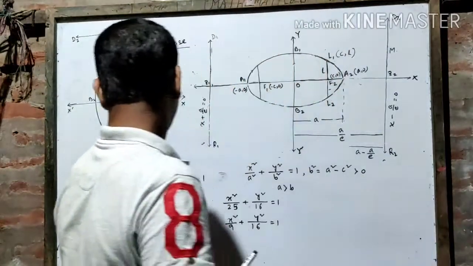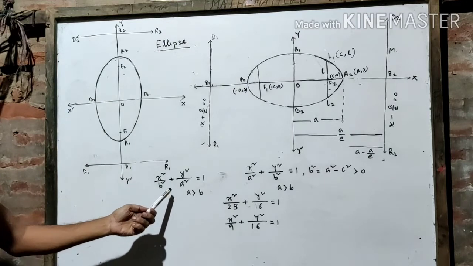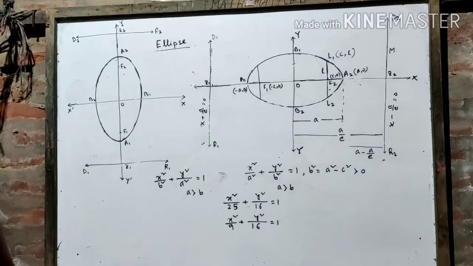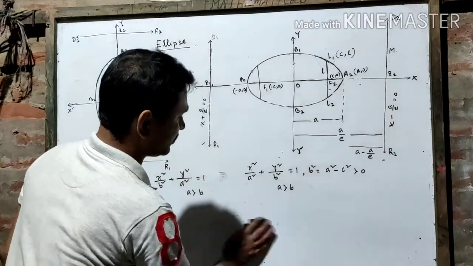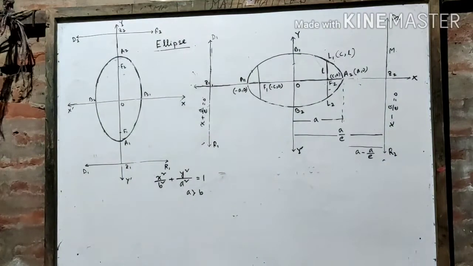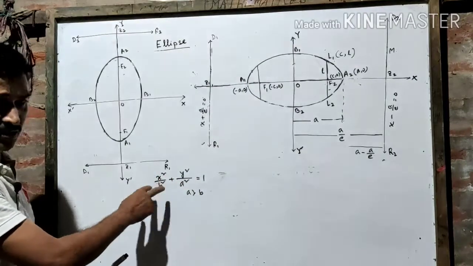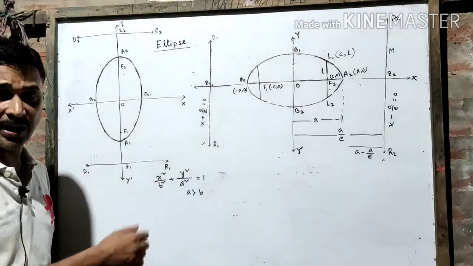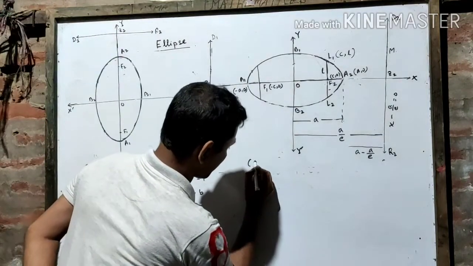Now for this ellipse, whose equation is x square by b square plus y square by a square is equal to 1, can we write down the information? What are the coordinates of center? X and y are interchanged with respect to a square and b square. So coordinates of center will be 0, 0.